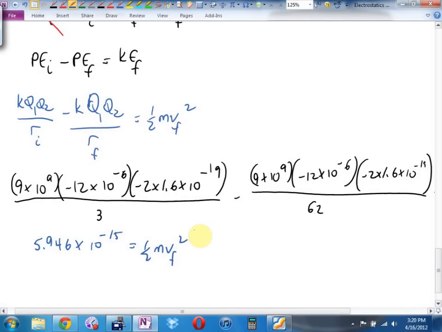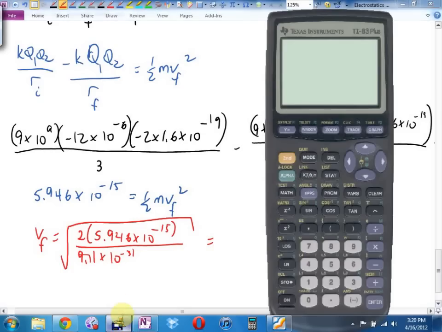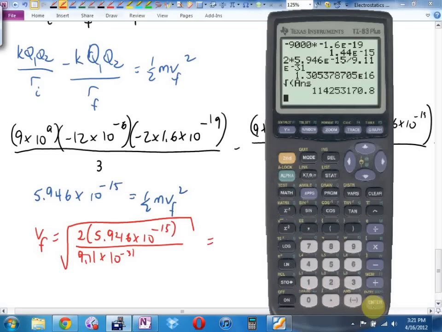Cutting corners here, because I don't want to take the time to crunch all this. So I think V final is going to be the square root of 2 times 5.946 times 10 to the negative 15 divided by the mass of an electron, which was 9.11 times 10 to the negative 31. Did I type something in wrong here?